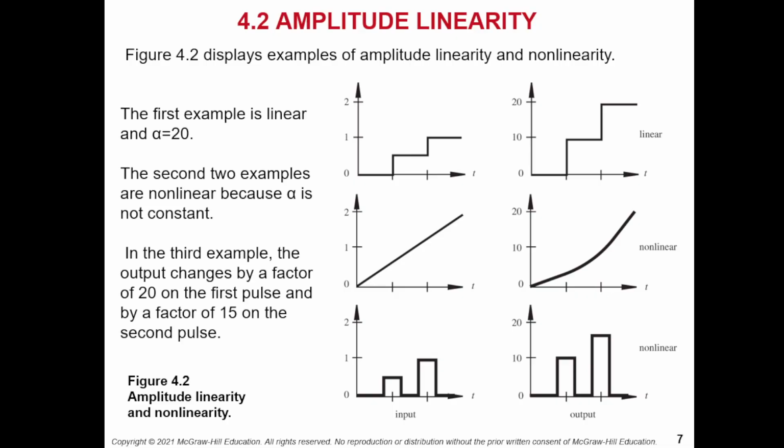So what's the factor? Input is 1, output is 15. So is the alpha the same or not? For the first period of time, alpha is 20, and for the next period of time, it becomes 15. So is this a linear system or a nonlinear system?